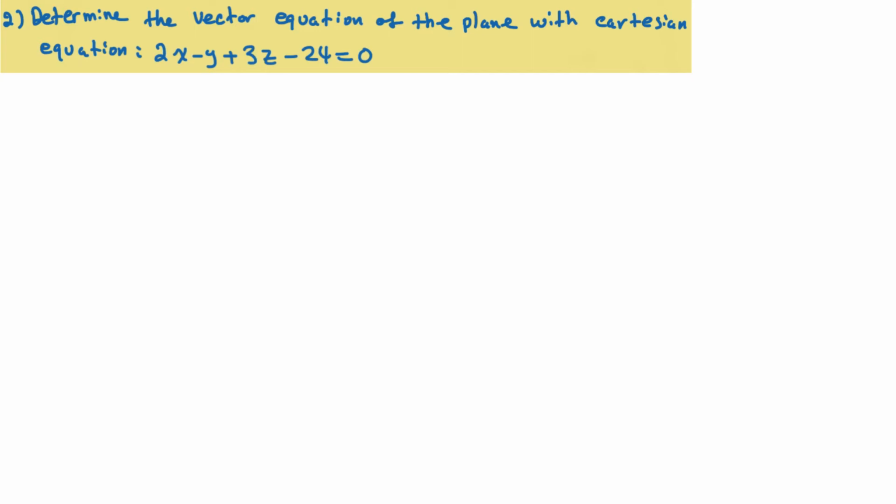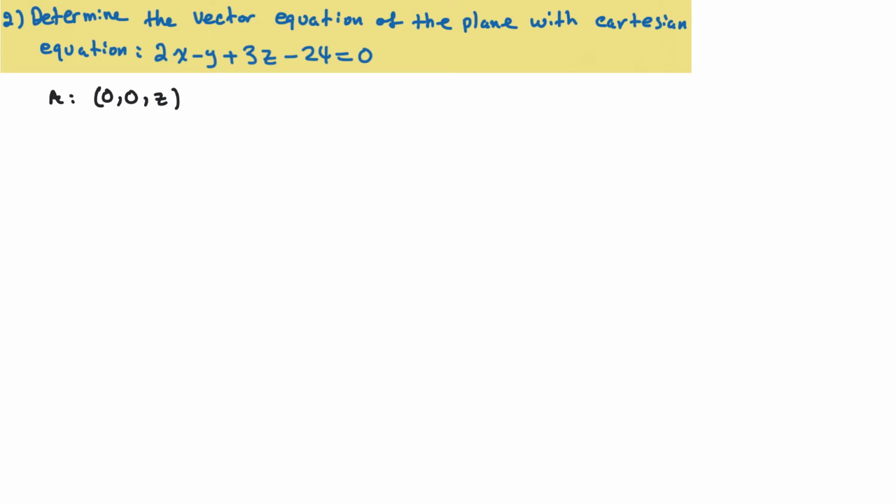How do we find points on our plane? Well, that's actually quite easy. What we can do is we can let x and y equal 0 and find the z value of the point that lies on that plane. So for point A, we are going to use 0, 0, z, and we're going to plug that into our equation.